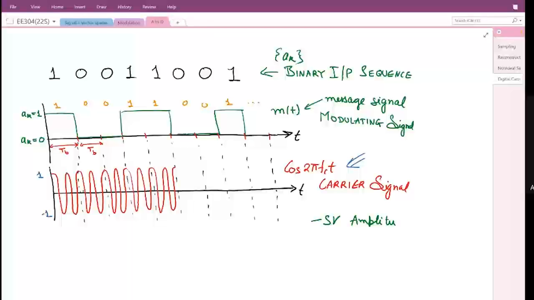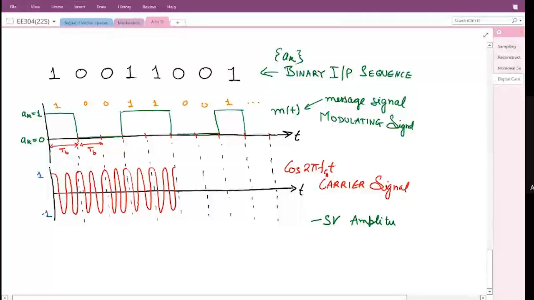So in that case, let us say that this is FC1, and there has to be another carrier signal corresponding to the mapping. Let us say this is AK.